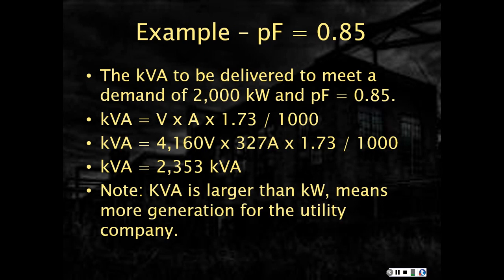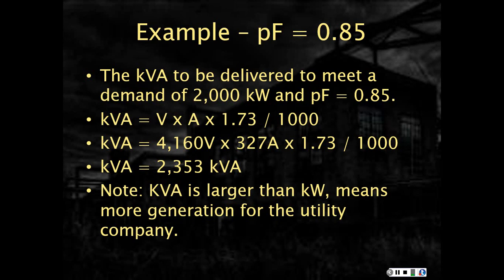Now let's take a look at if the power factor is 0.85. We still need to deliver 2,000 kW net end result to do the work in the building. This time the power factor is 0.85. If we run that same equation again, the kVA that has to be delivered is 2,353 kVA.